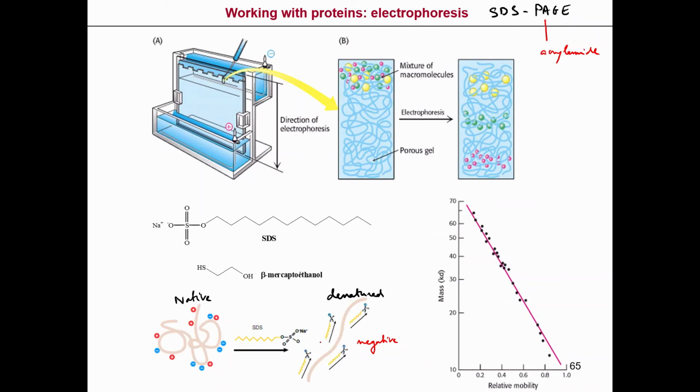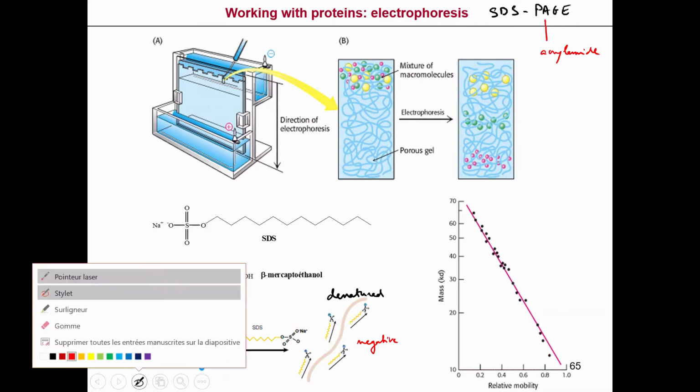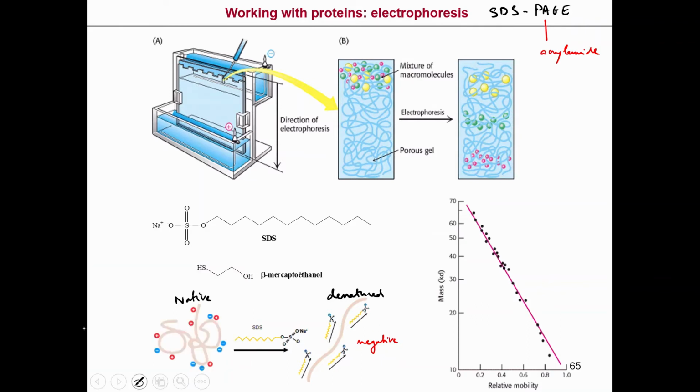All your proteins are denatured with SDS, so all the proteins that you put will be negative, and then they will go to the positively charged electrode. At the beginning you have the negatively charged electrode, and here you have the direction of the electrophoresis.